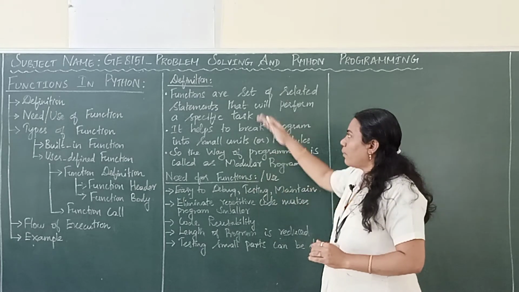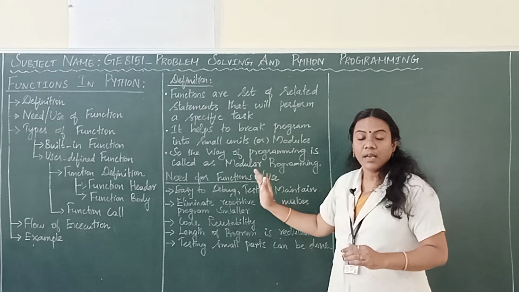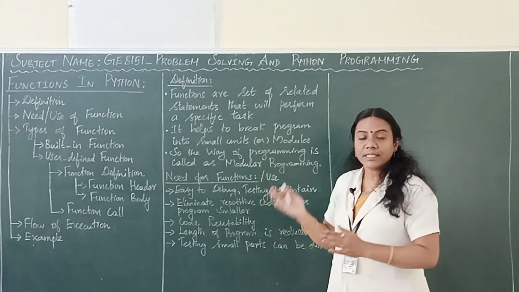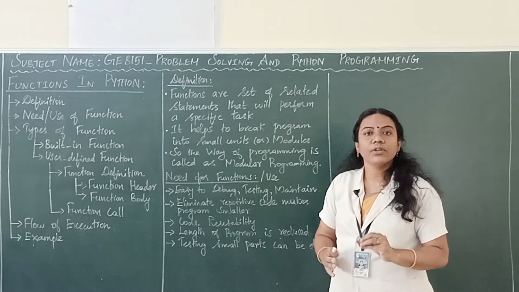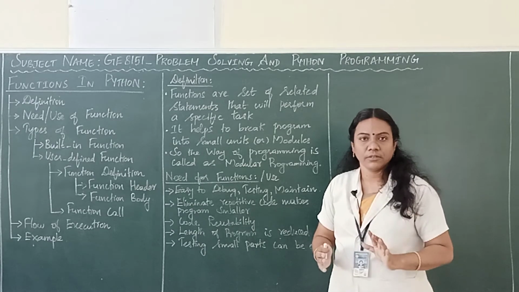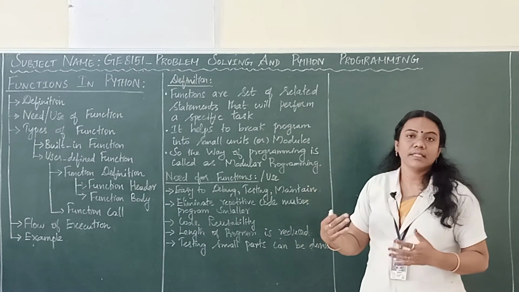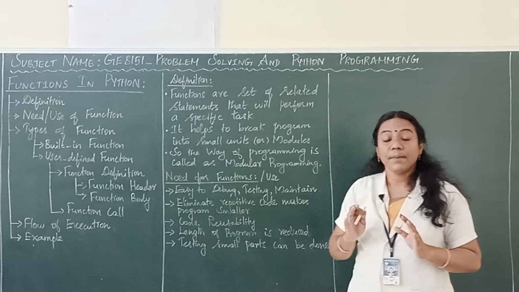The main thing of using function is to divide a big problem into small units. Each small unit is called a module, and each module will do a specific task. Till now we have studied some examples, and the programs contained only the main portion.